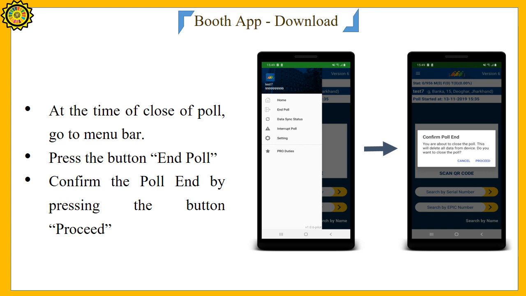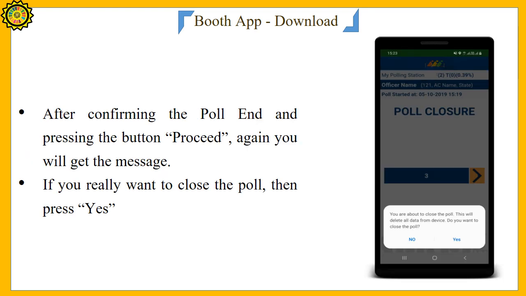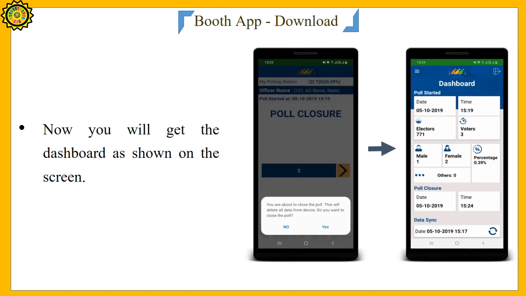Confirm the poll end by pressing the button Proceed. After confirming, again you will get a message: if you really want to close the poll, then press Yes. Now you will get the dashboard as shown on the screen.